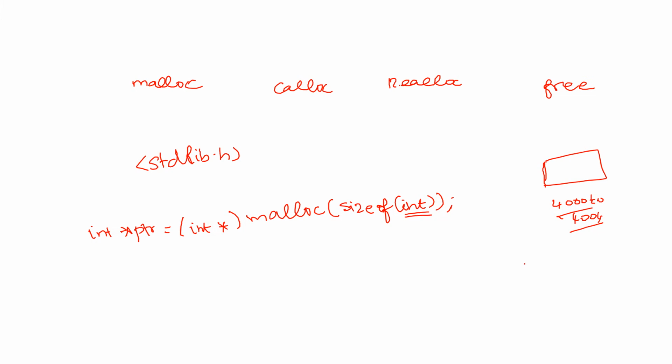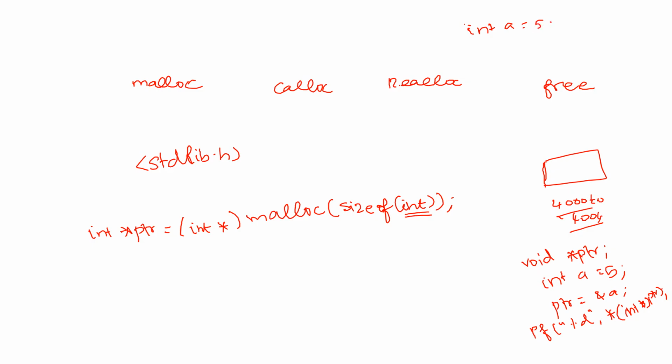So a void pointer is a generic pointer. If I have a variable of data type int, I can store its address, and if I want to print, I use printf of %d, *(int *)ptr. In the case of int a = 5, if I have float *ptr = &a, it is not valid because the pointer data type is float and the address of a is int.